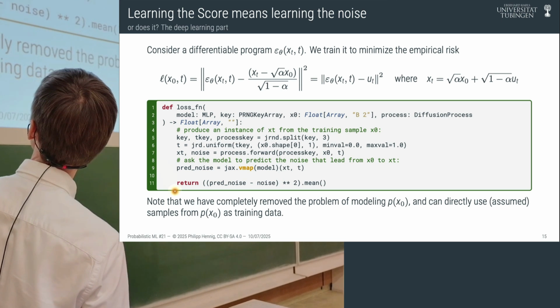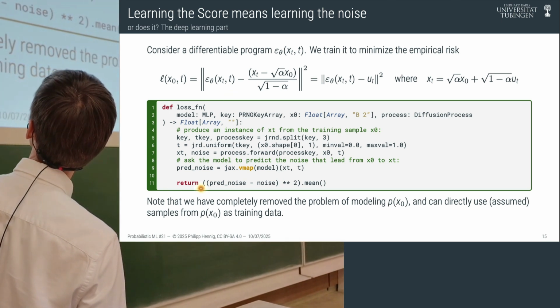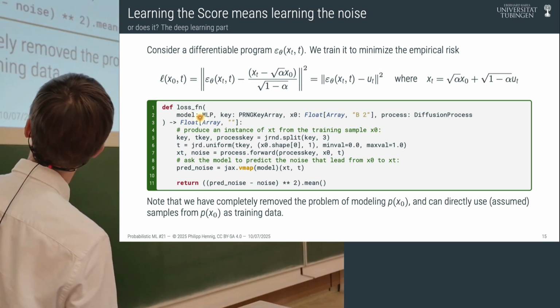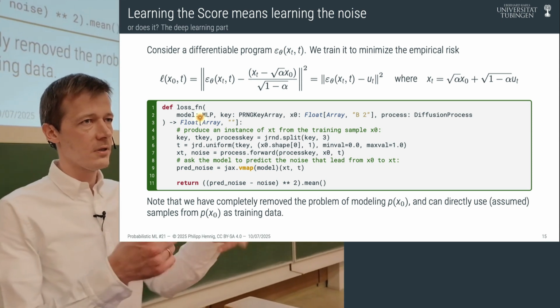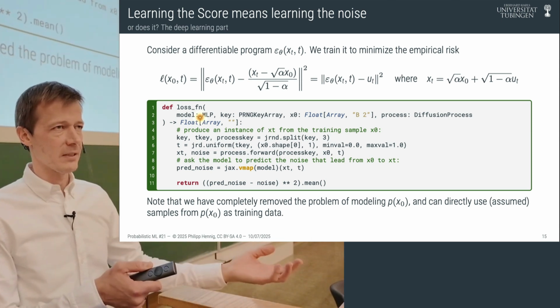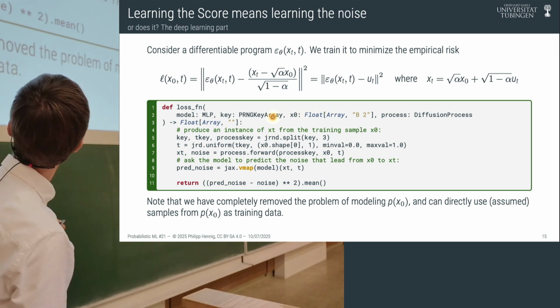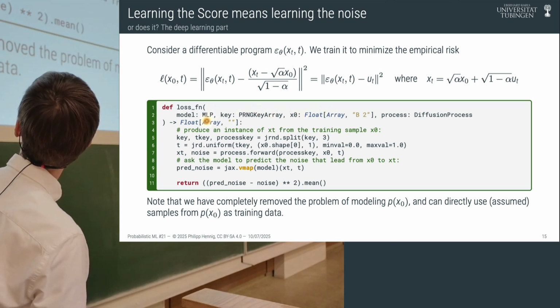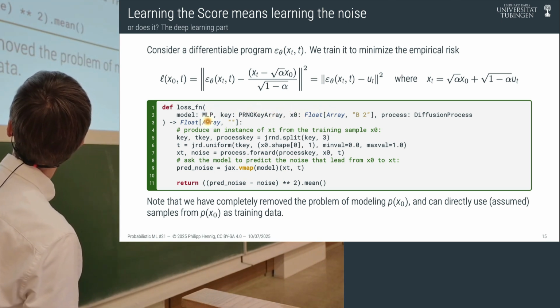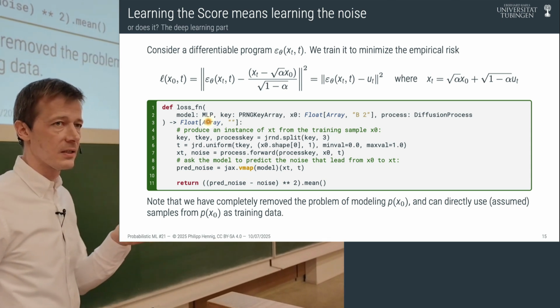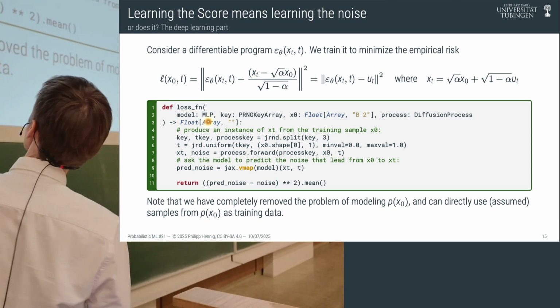And here's an implementation of this as a loss function. If someone gives you some deep neural network that produces as an output things that you can think of as a vector field, in this case it's a function that takes in a current state.